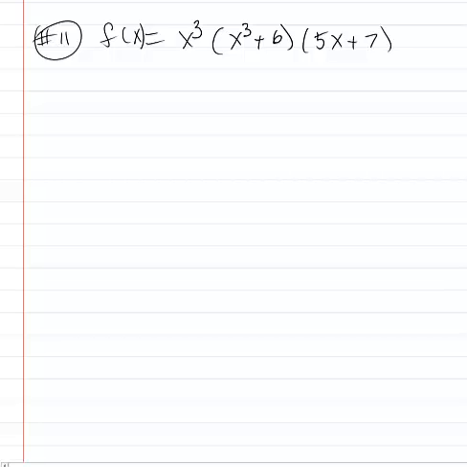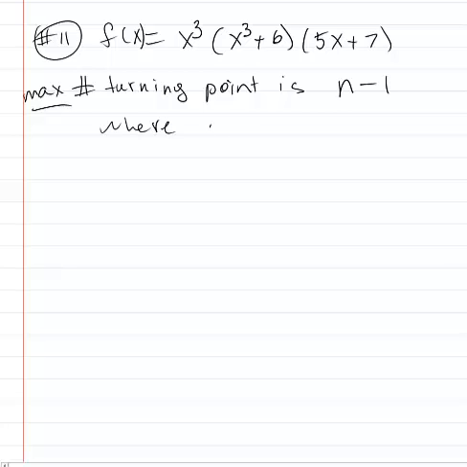Now to determine how many turning points it can have, you've got to remember that a turning point is where the polynomial would turn. The maximum number of turning points is n minus 1, where n is the degree of the polynomial.